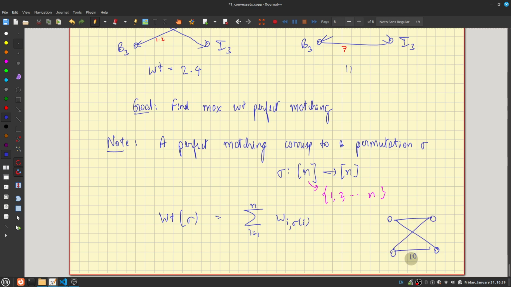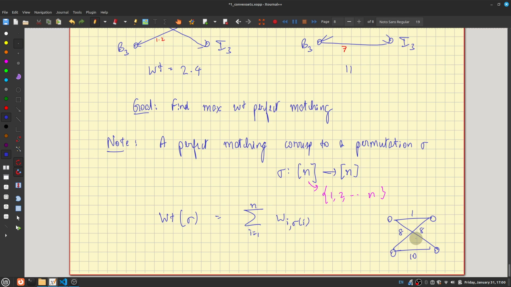Let's say that this is 10 and this is 1 and these two are 8. What is the weight of the maximum weight perfect matching? 16. But what is the largest weight? 10. So 10 is never included in the maximum weight perfect matching.